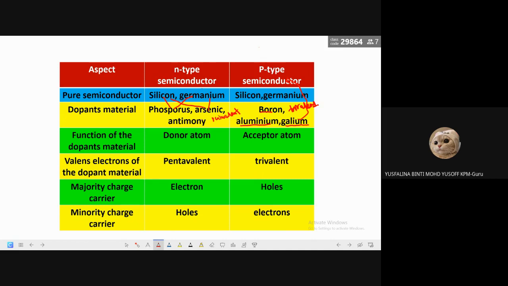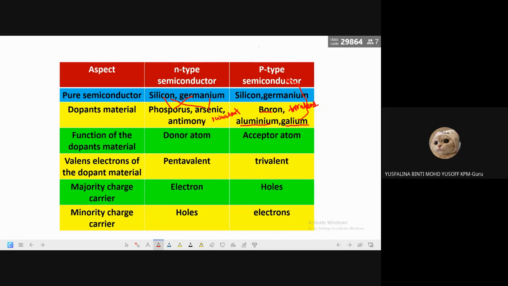Alright, and the majority charge carrier. Inside the semiconductor that we produce after doping, what is the majority charge carrier? If it is N-type, there's one extra electron there, right? Actually, it's not just one, there are a lot of free electrons there. So the majority charge carrier is the electron because there are a lot of them, scattered everywhere.